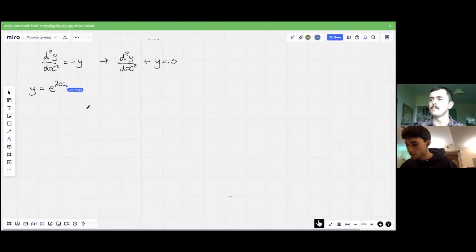Okay, so possibly before we do that method, could I just ask you to think about the behavior of this second derivative? What does it tell us? So the second derivative of a function describes how the gradient of the function changes with respect to x.